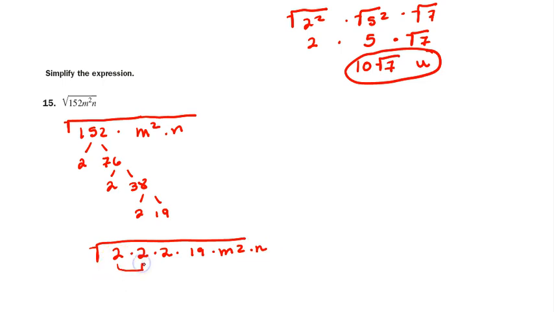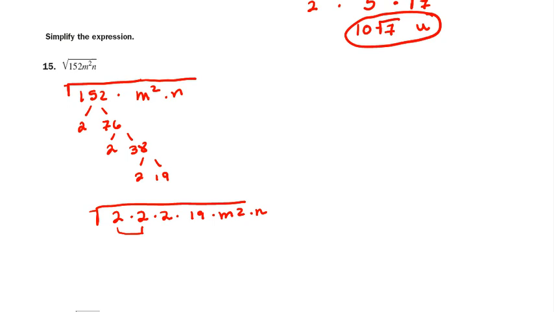I'm going to look for pairs. I can rewrite this as the square root of 2 squared times the square root of 2 times the square root of 19 times the square root of m squared times the square root of n.